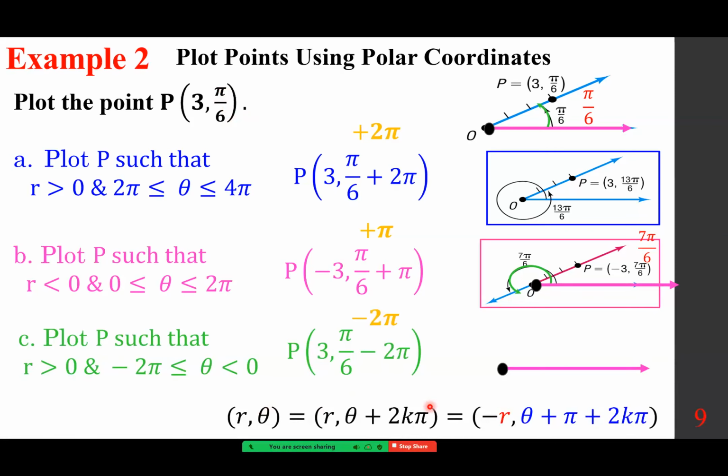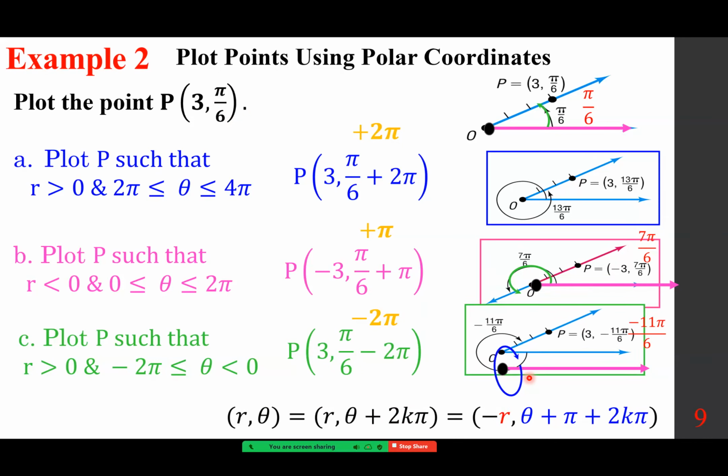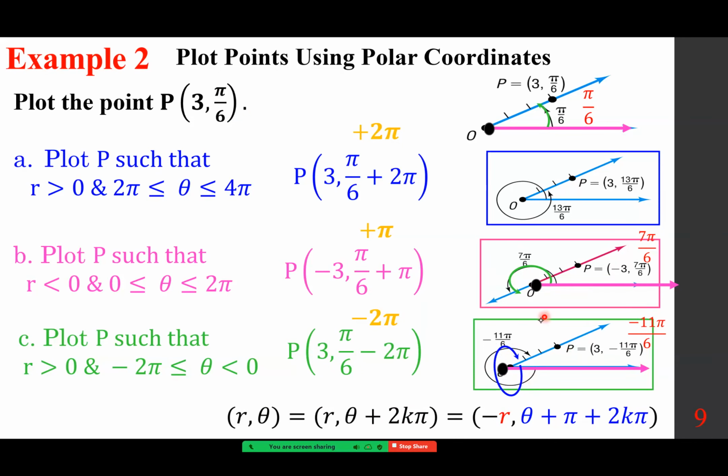So in essence, I'm using this because this is an even multiple of pi. Adding or subtracting makes no difference. Remember, k is an integer. And so minus 11 pi over 6, you draw the line and you tick mark 3.